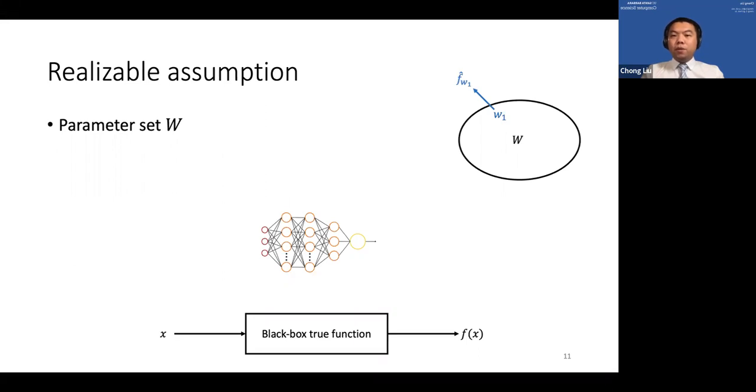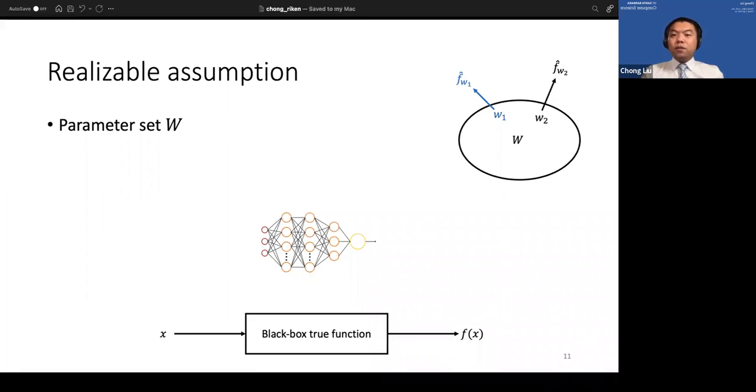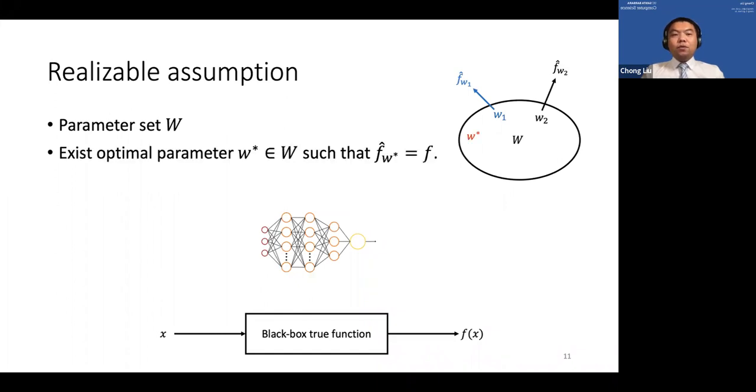Here f hat is my model, my deep neural network. And I have another W2, and the model f hat with W2 describes another function, f hat W2. The realizable assumption says that there exists an optimal parameter W star within my parameter set, such that the model parameterized by W star is equal to the true black box function.